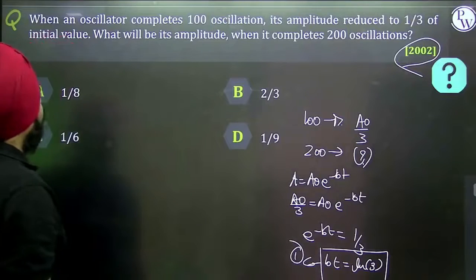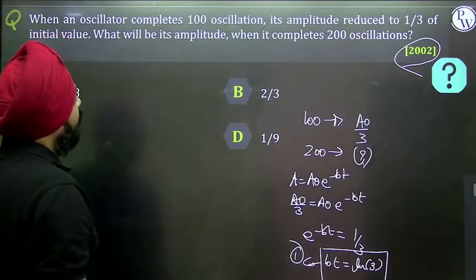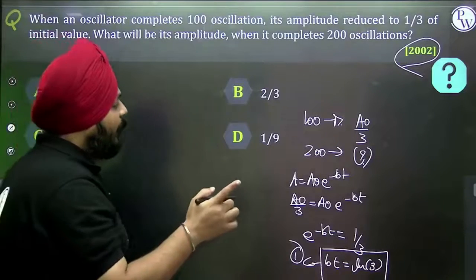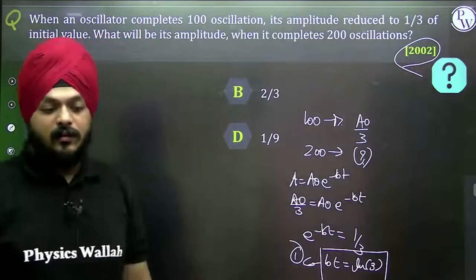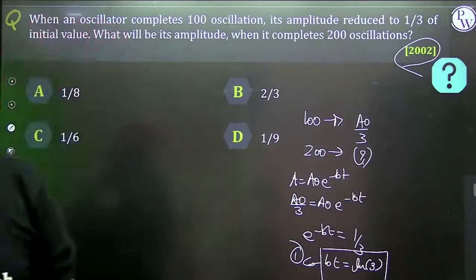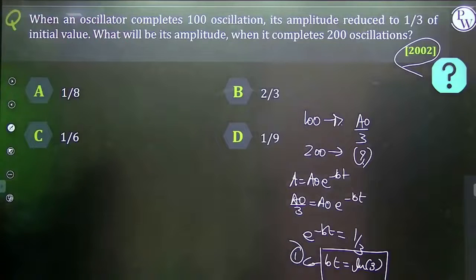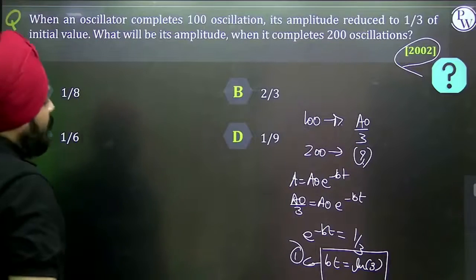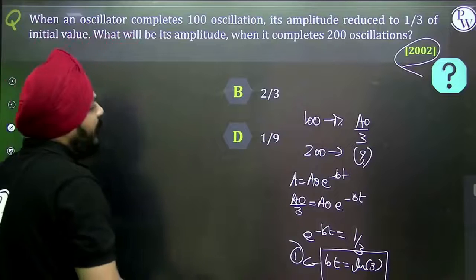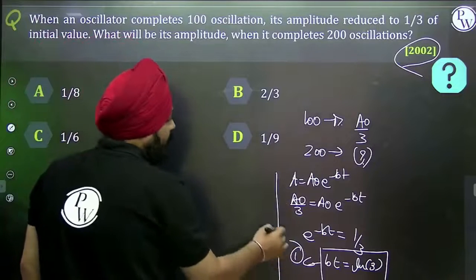When an oscillator completes the 100 oscillations, the time period of one oscillation is t. So let's compare this to the equation.